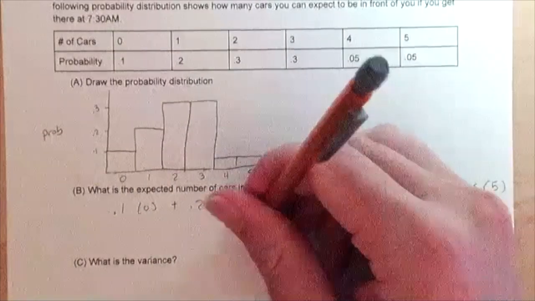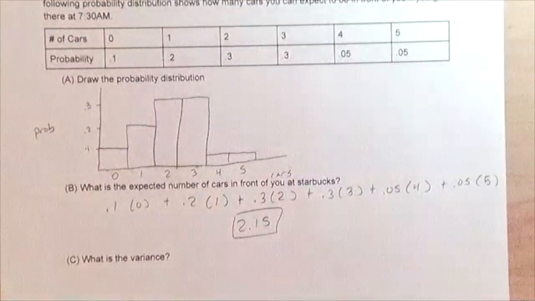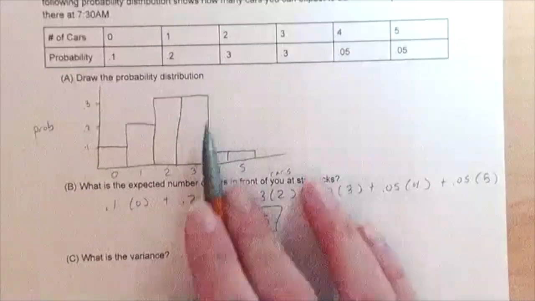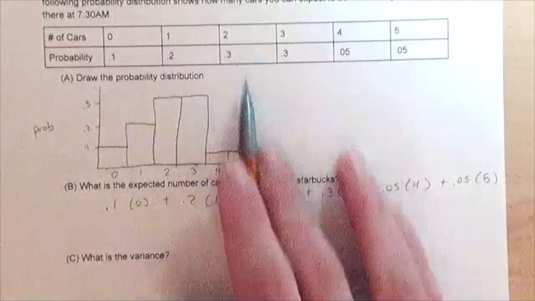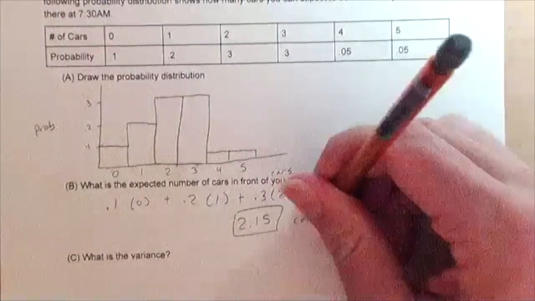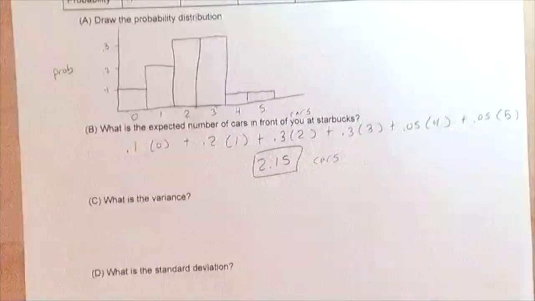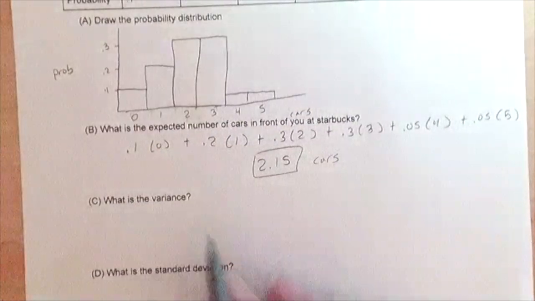And I'm getting 2.15. And what's awesome about stats compared to other math classes is your answer is usually going to make logical sense, right? So if we saw that this is our distribution, it makes a lot of sense to say that 2.1 cars are expected to be in front of you every time you go into the drive-thru. So that's great. And then this sucks, the variance.